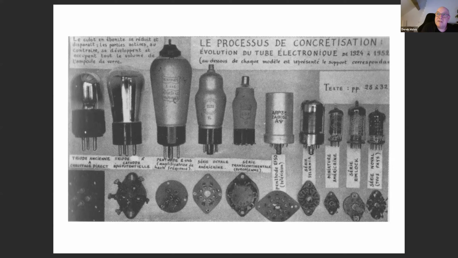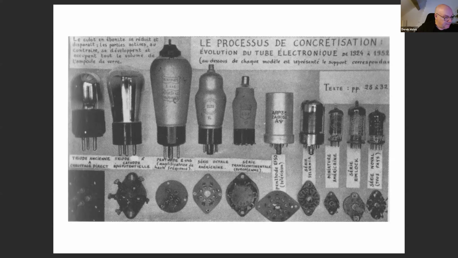So this is the evolution of the electronic tube, which presumably figures in the construction of a television receiver. At least we'll take that as a placeholder image for that kind of practical concern of Simondon's.